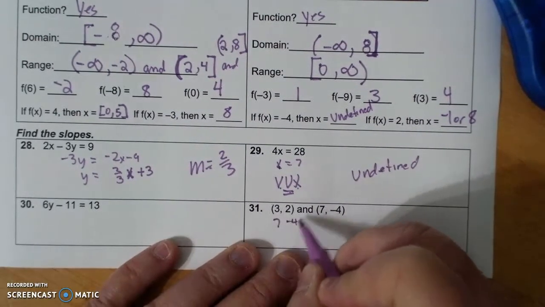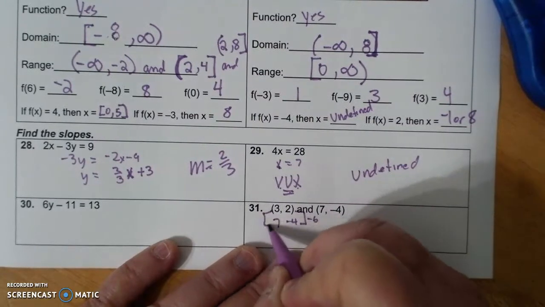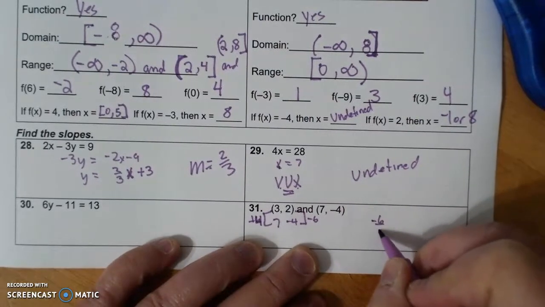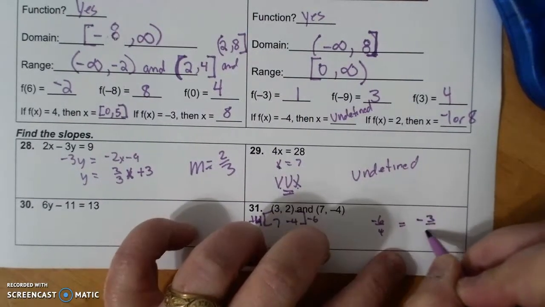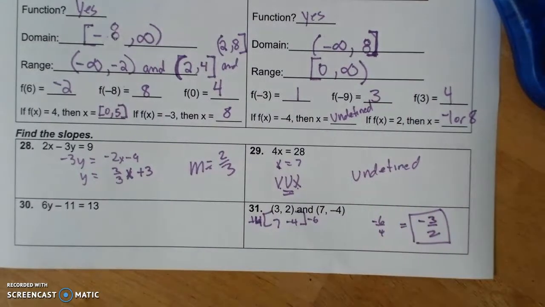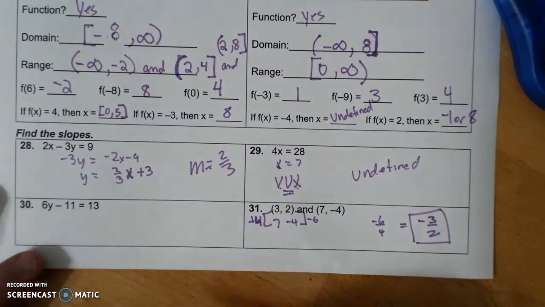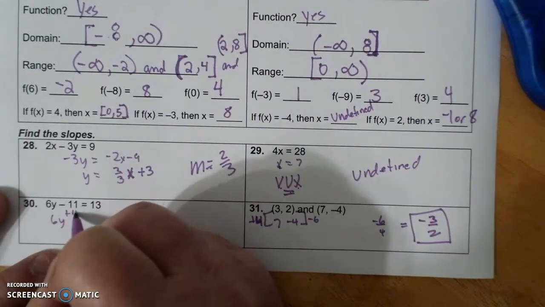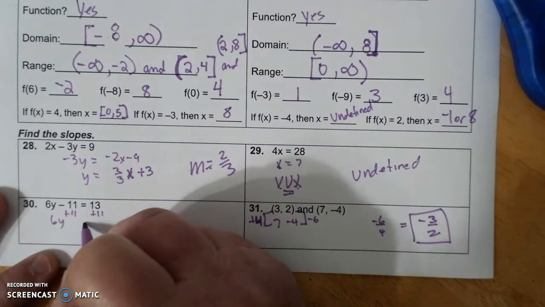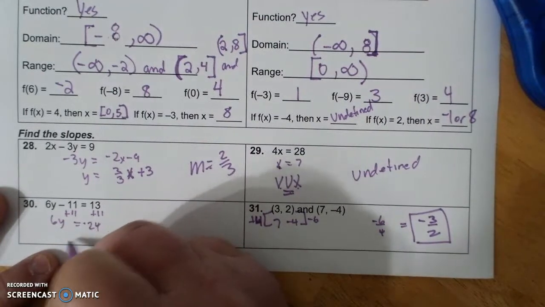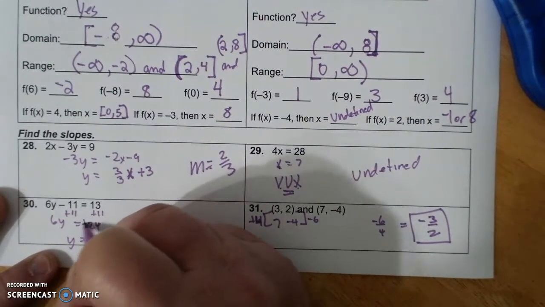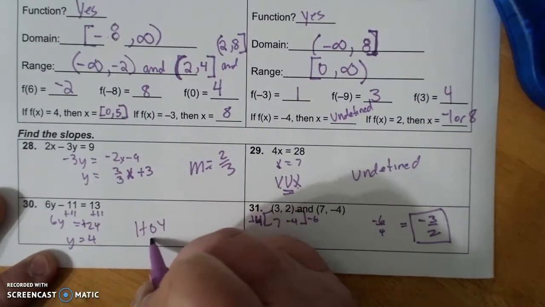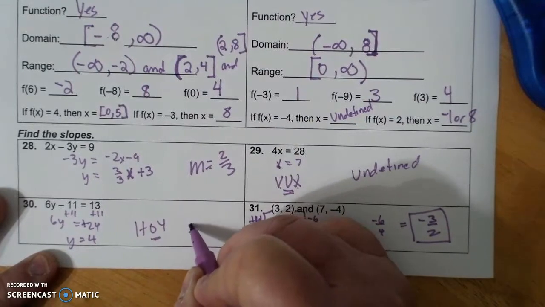Change of x, change of y: subtract 6, add 4. -6 over 4 is -3 over 2, and that's the slope. 6y add 11, add 11. 6y equals 24, y equals 4. Y equals a number is a horizontal line with a slope of 0.